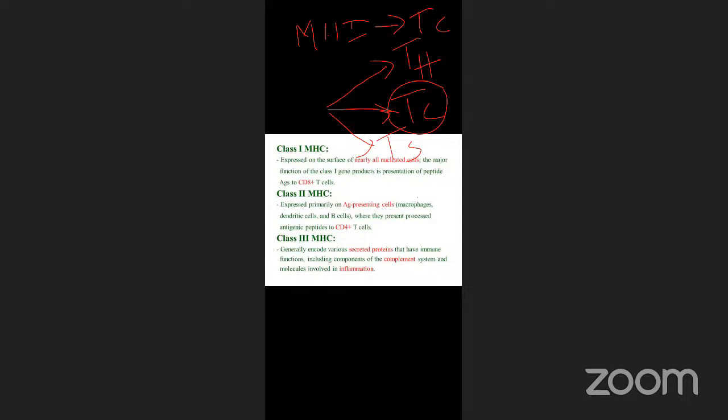Coming to graft rejection, MHC molecule 1 plays a major role. Whenever our body cells get infected by viral or bacterial cells, the endogenous pathogens or antigens are collected and processed by our cells, and the processed antigens are presented by MHC molecule 1.